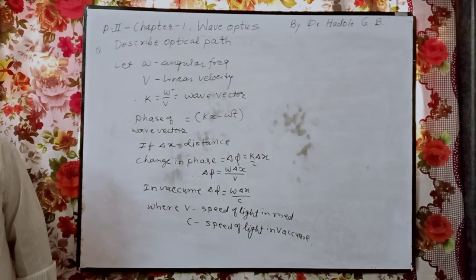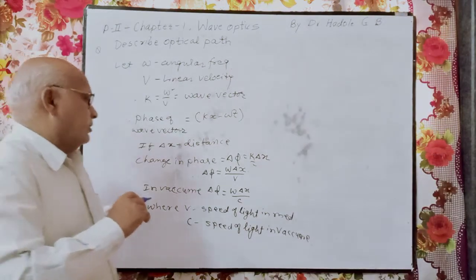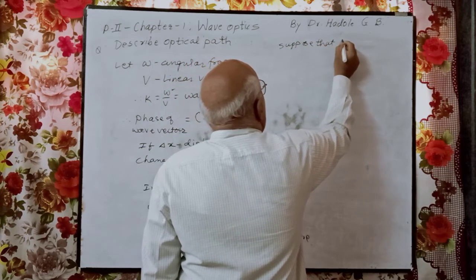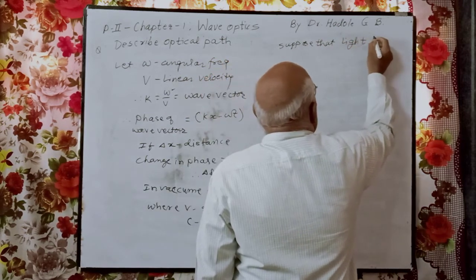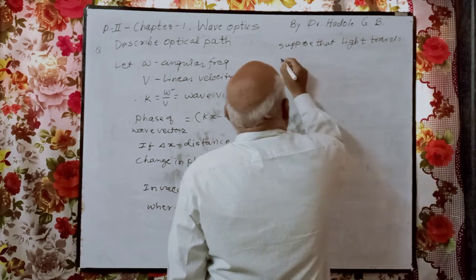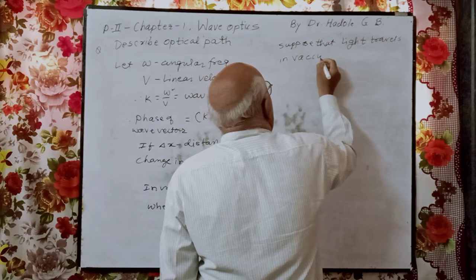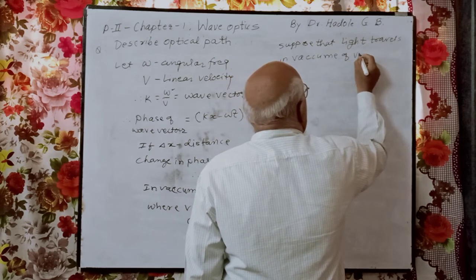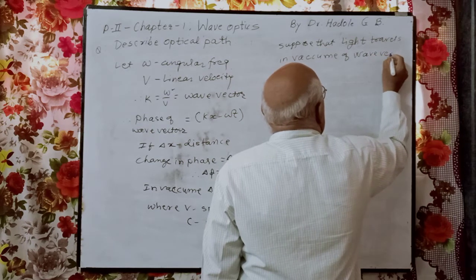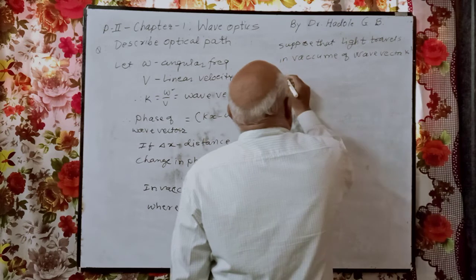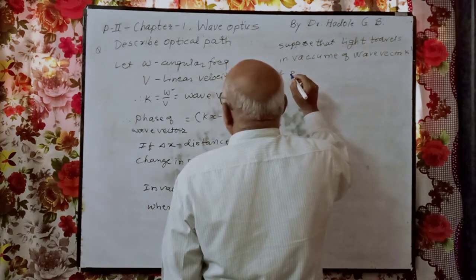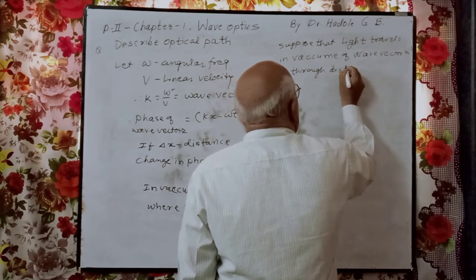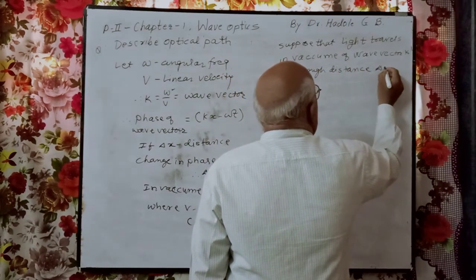Now, if we consider a light wave, suppose that light travels in a medium. Therefore, the wave vector k dash and the path through the distance delta x dash.